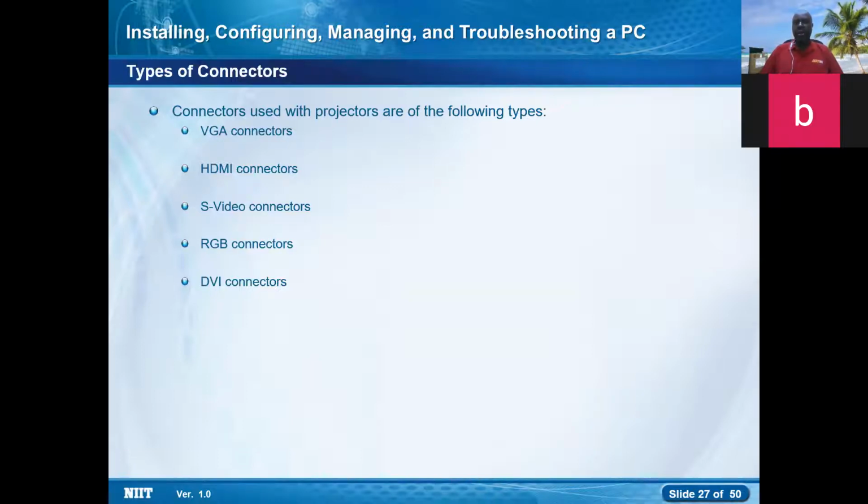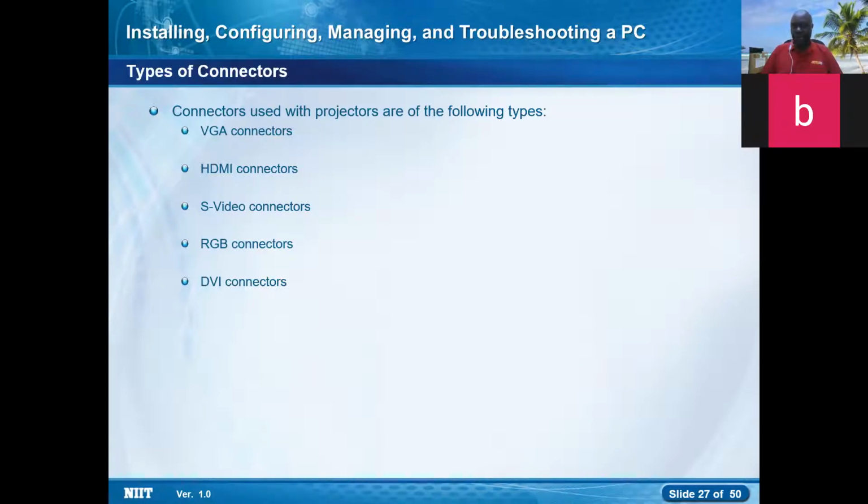Now, for you to be able to resolve problems or install hardware, you need to be able to identify the different types of connections that are used on different devices and their characteristics.